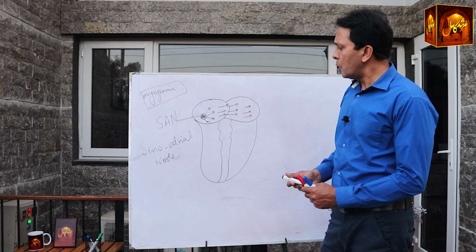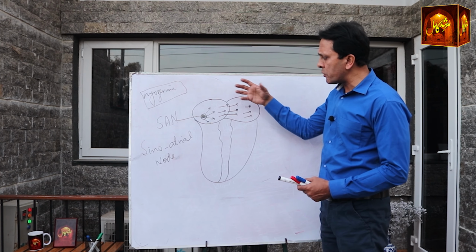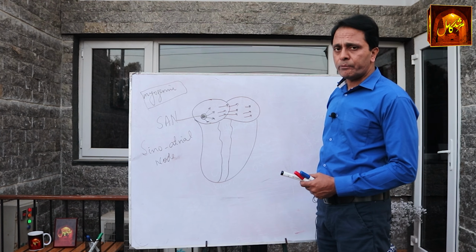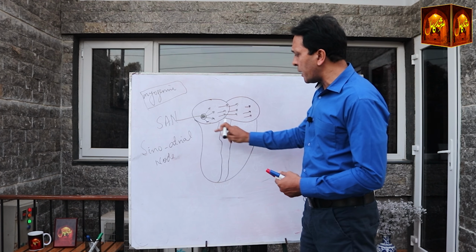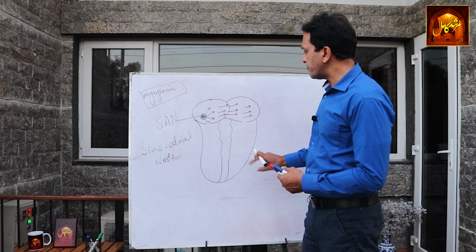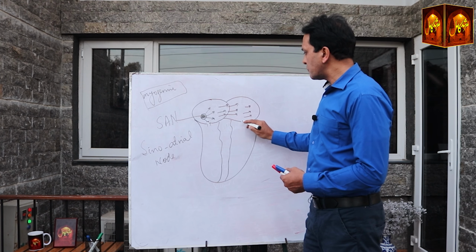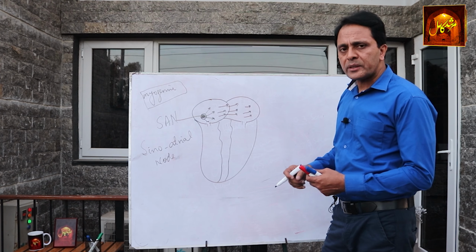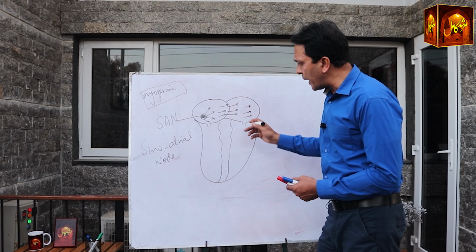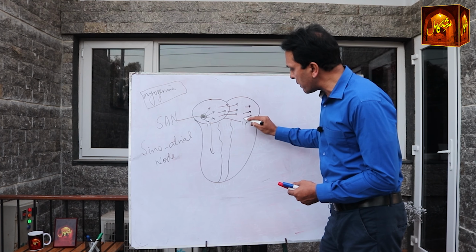In that case, both right and left atrium contract at the same time. When they contract at the same time, atrioventricular valves get open and blood starts moving towards the ventricles.